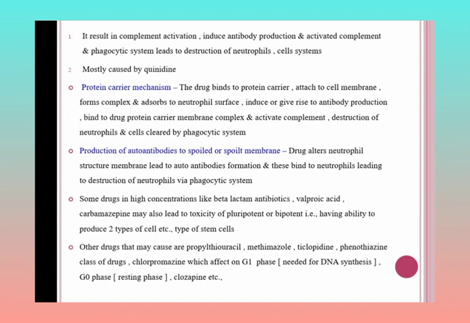Now coming to the fourth mechanism, the production of autoantibodies. Autoantibodies are produced against a spoiled or damaged membrane.